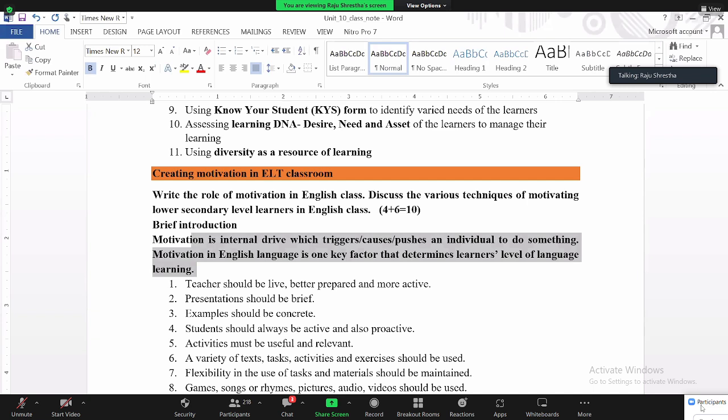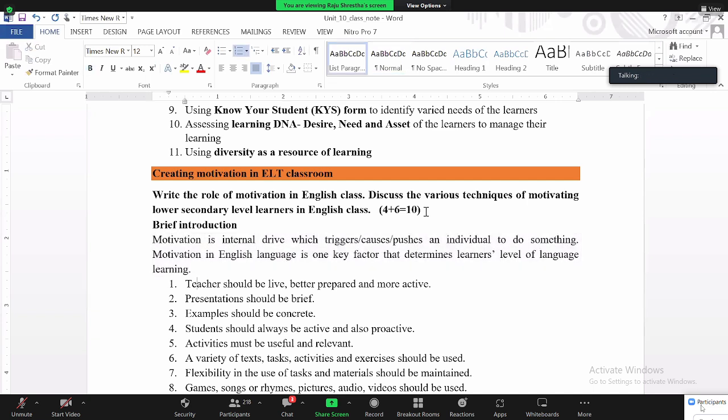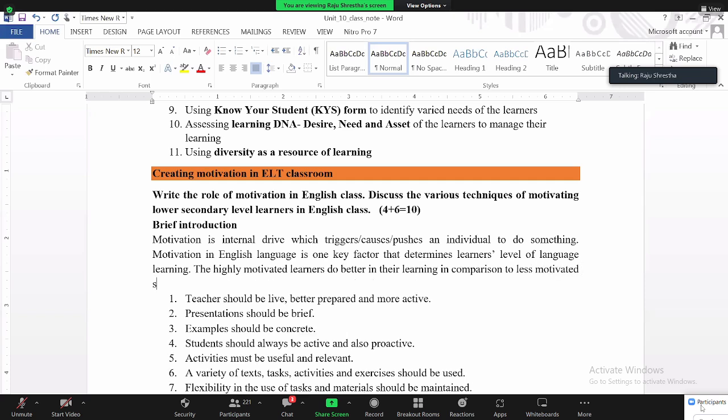So the highly motivated learners do better in their learning in comparison to less motivated students. Now we can also say that there are two types of motivation.